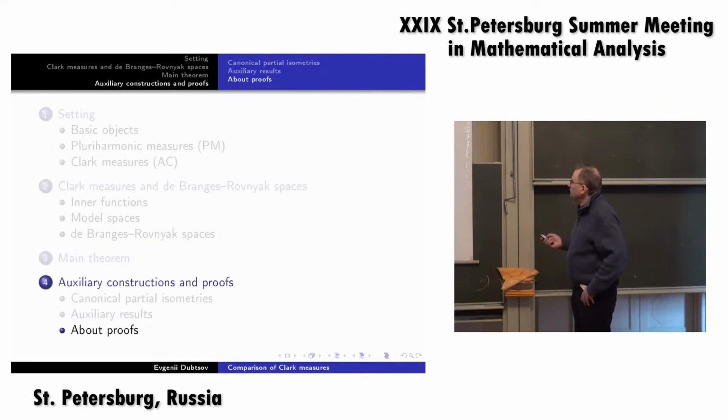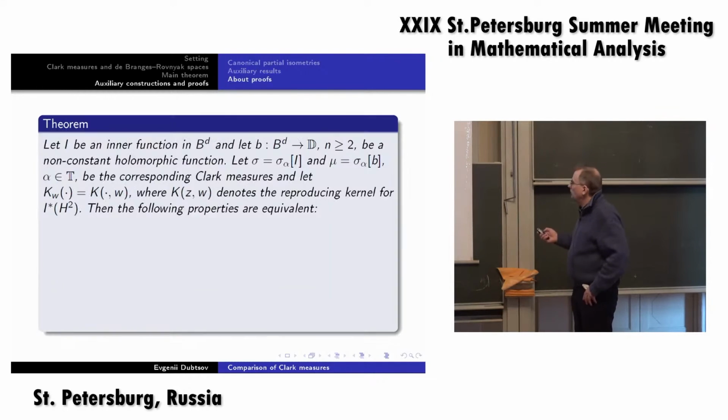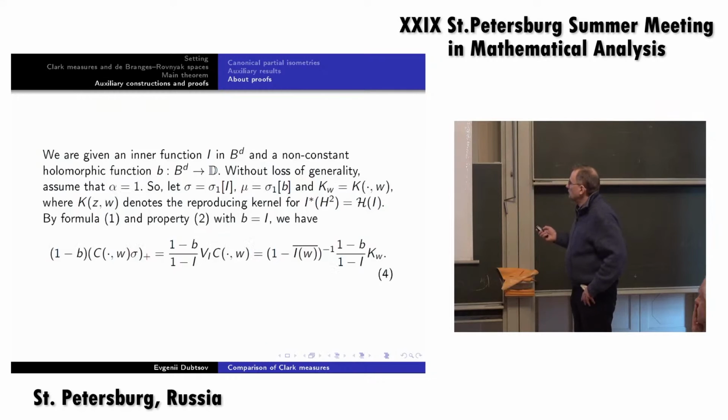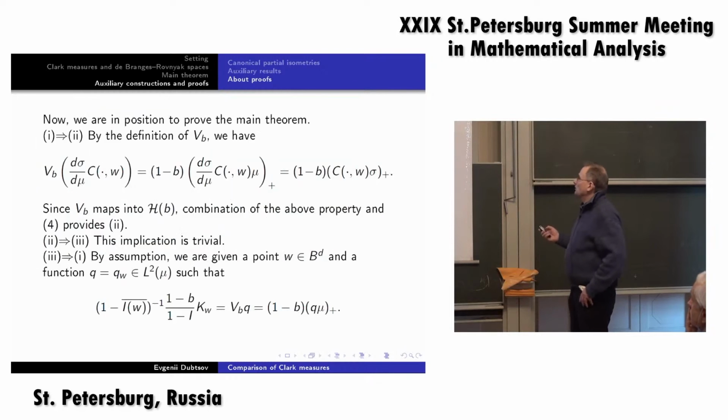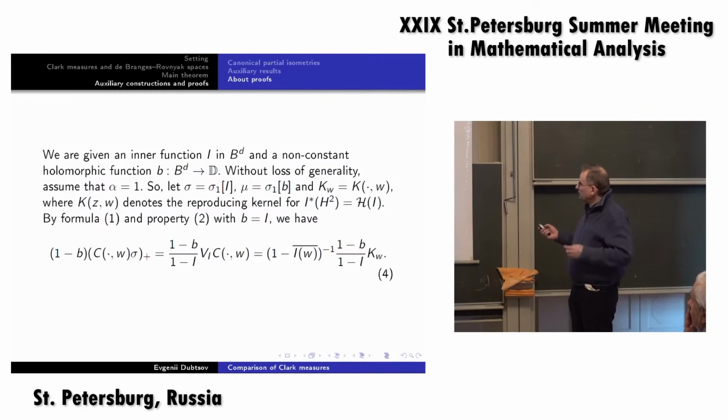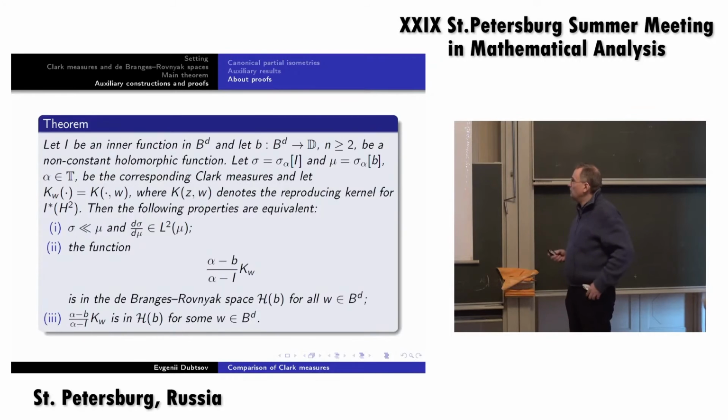Probably I'll skip all this. I'll show just a certain part. So when we prove this theorem, the main result under consideration today, we use those two families of operators U and B sub alpha, and we use the corresponding properties.